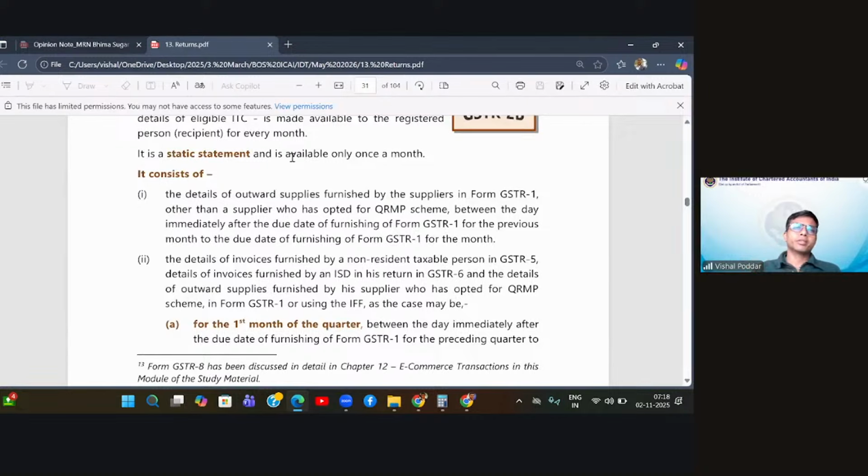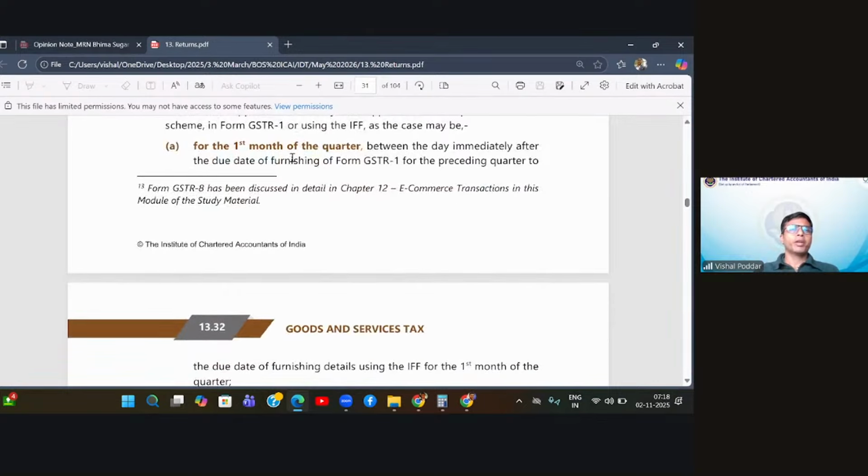Similarly, where a supplier is a quarterly return filer, that is under the QRMP scheme with IFF facility, whatever the supplier has uploaded in his invoice details using the IFF, again, the details that the supplier uploads, like here they were mentioning, now we are in the first month. So October, November, December, this is the third quarter. October is the first month.